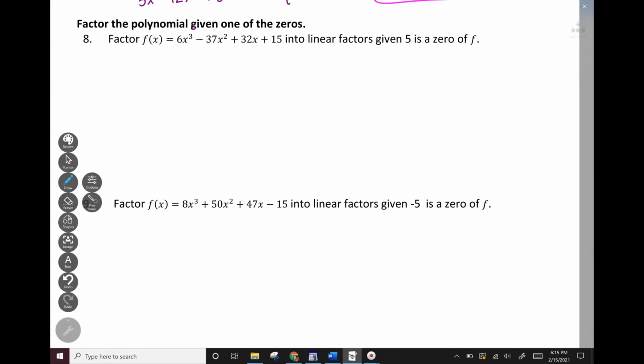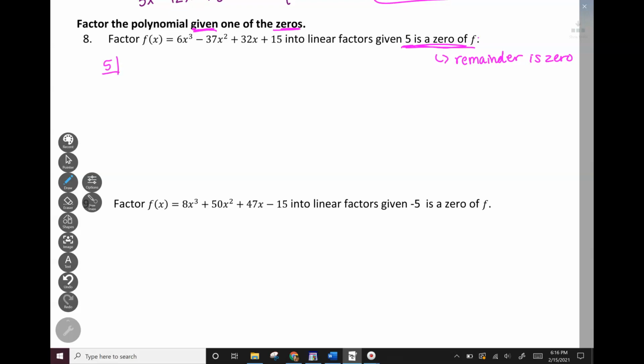On this one, you're given one of the zeros. It says factor f of x into linear factors given 5 is a 0 of f of x. So if 5 is a 0, then we know that when we divide, the remainder is going to be 0.